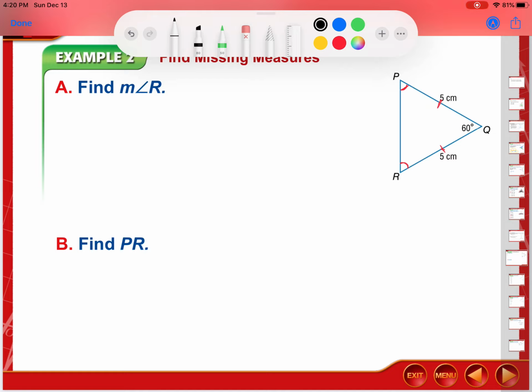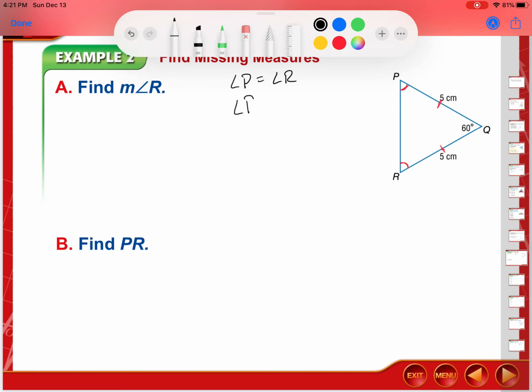Now, I can solve for what each of these angles is right now, and I think that's going to be our best course of action. So let's go ahead and do that. I know right away angle P and angle R are equal to each other.